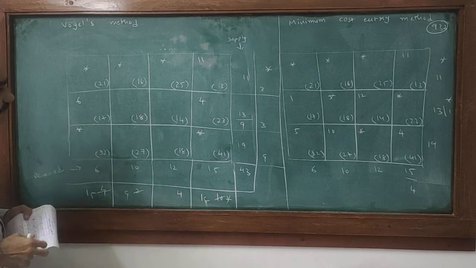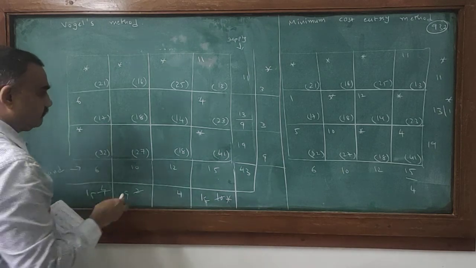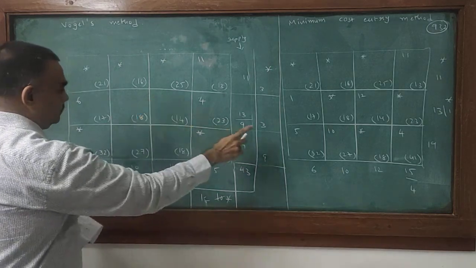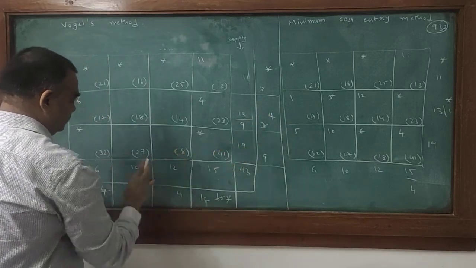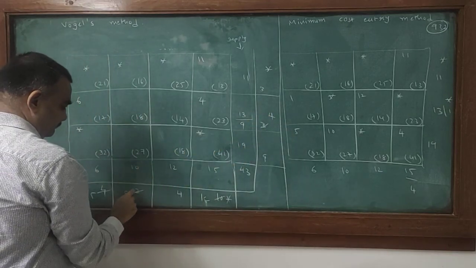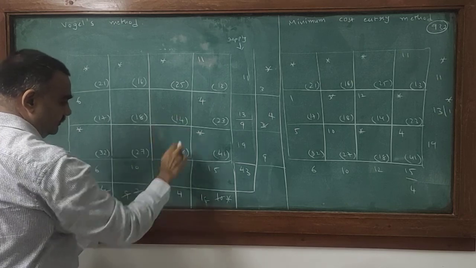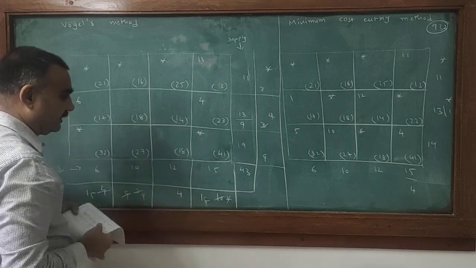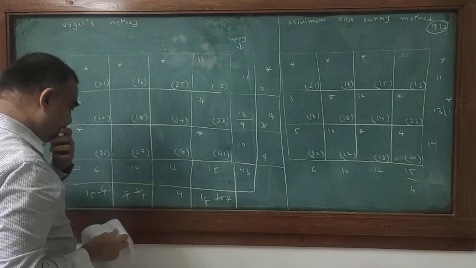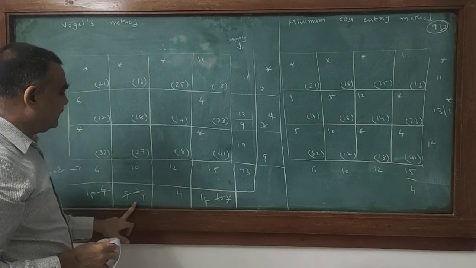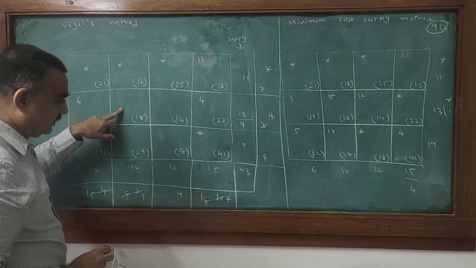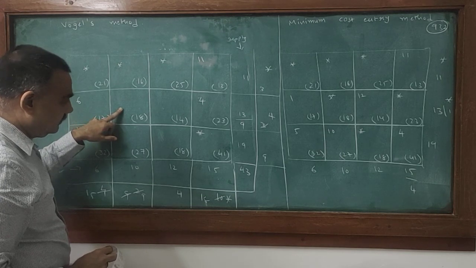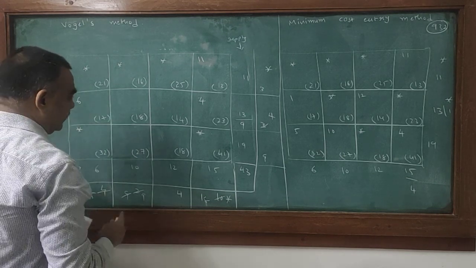This is 4, 9, 9 and 4. Means we have a tie right now. But if we choose this 9, we can give 3, and there is no other way.